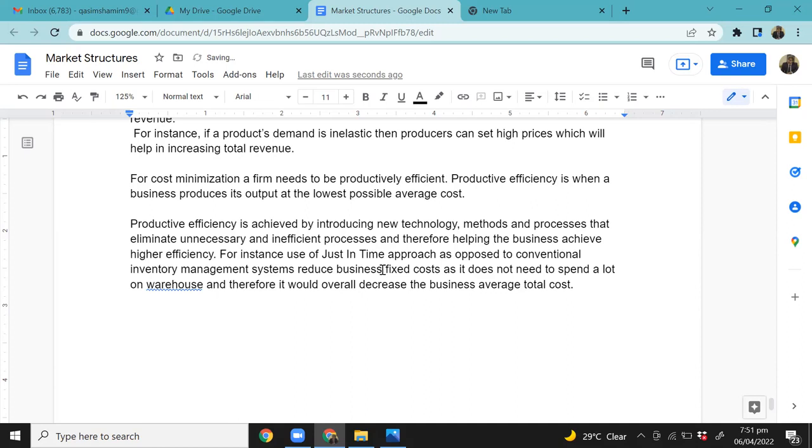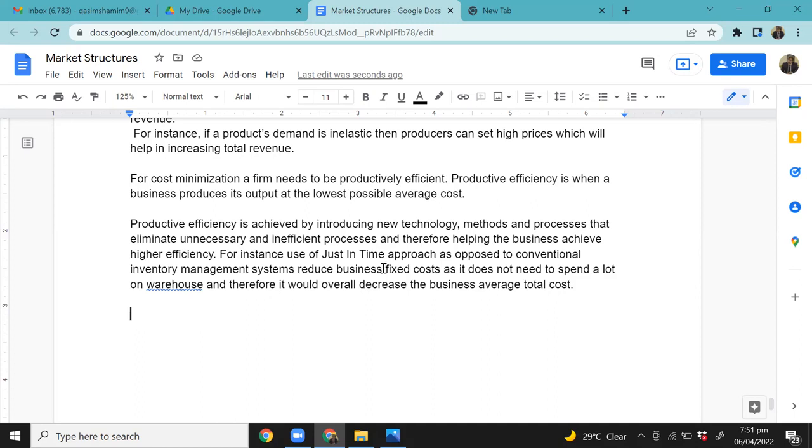So the idea is fairly simple: when a business implements new and efficient methods, like just-in-time, which is one simple approach. Now, what happens in the just-in-time approach? Instead of having a warehouse where you store all your inventory, like raw material and finished goods, you just order your inventory when you need it. You order your raw material when you need it, and that arrives just in time. With that happening, it saves you fixed cost. Why?